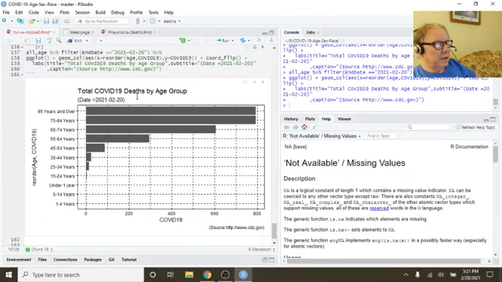1,600 deaths of people 75 and older for the week ending February 20th. I mean, that's still not a particularly good number, is it? Even though the numbers are declining for these age groups, the numbers are still pretty high.